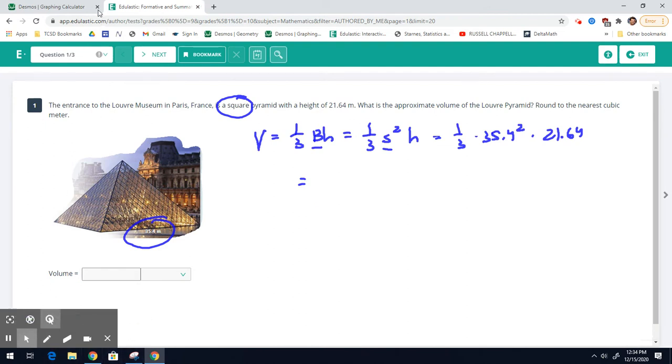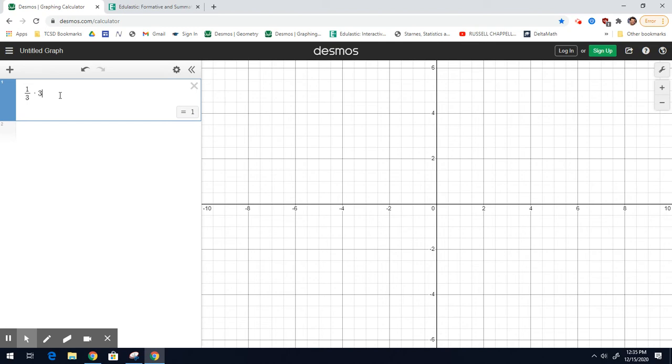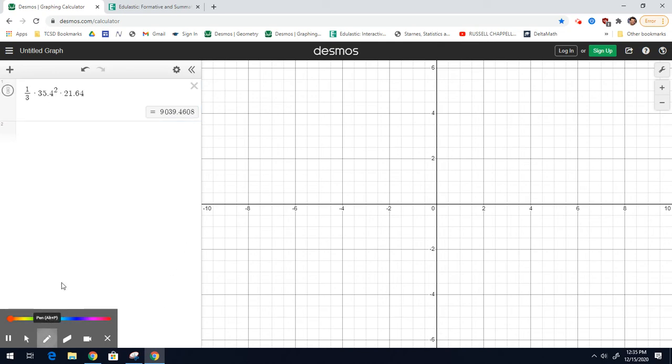So when I go to the calculator, it was 1/3 times 35.4 squared times 21.64. And there we go, 9039.4.